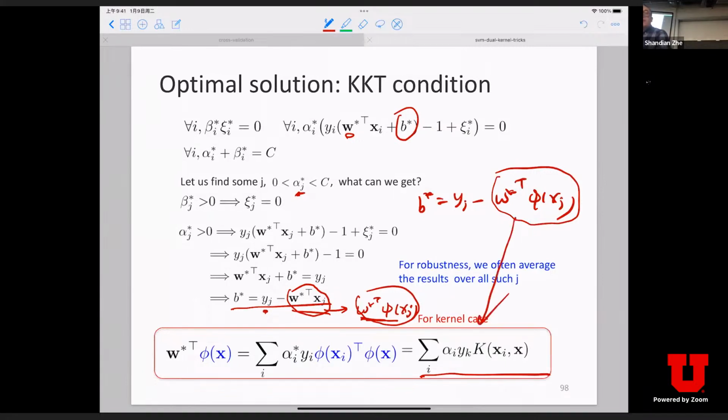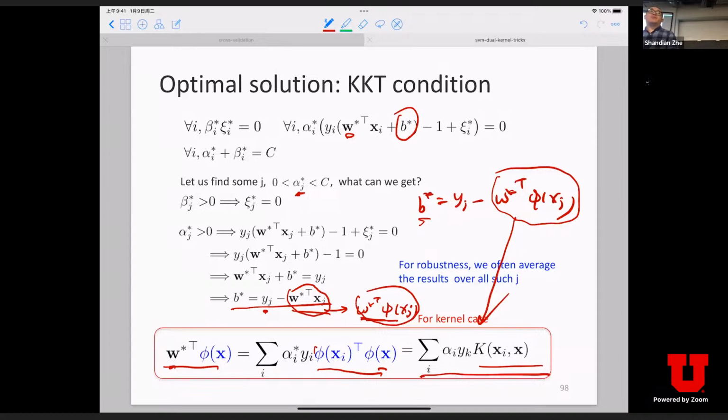It can be computed in this way, because W star is represented by a weighted combination of the mapped feature vectors. If you substitute into this, it is essentially a weighted combination of the dot products between the mapped feature vector for each training example and for x. Then you just replace the dot product by the kernel function. That's it, and in this way you can compute B star.